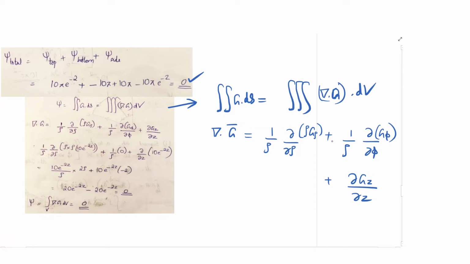This is how to calculate divergence. For rho and phi, these are the components, so G phi and G rho are there.